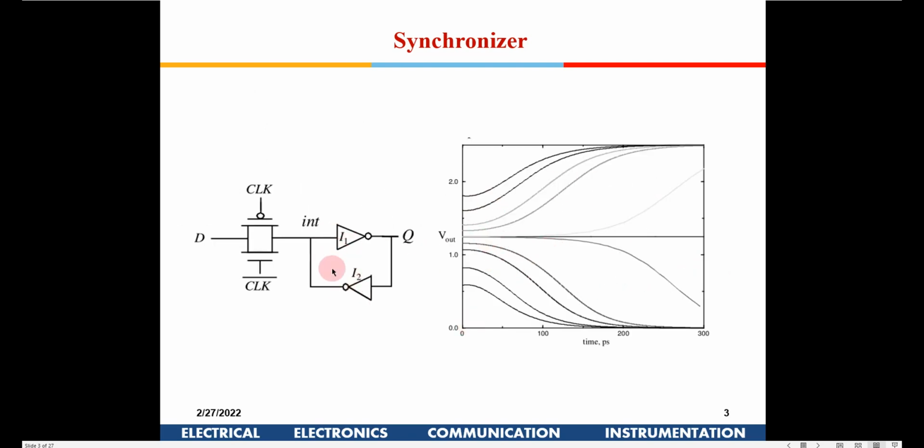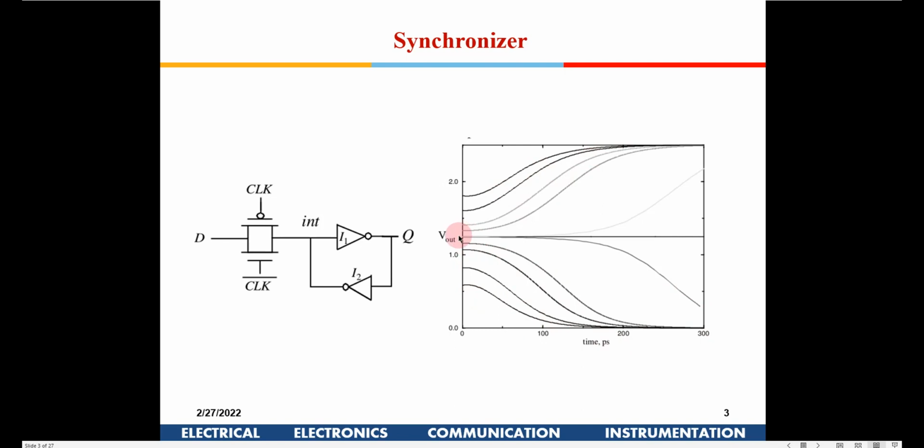You have a synchronizer out here, and if you don't have a synchronizer, any voltage between VIL and VIH will cause a problem. If I have a synchronizer and I wait for a larger time, only this small variation of signal which is close will not get resolved, and all the other signals will obviously get resolved by that time, right?